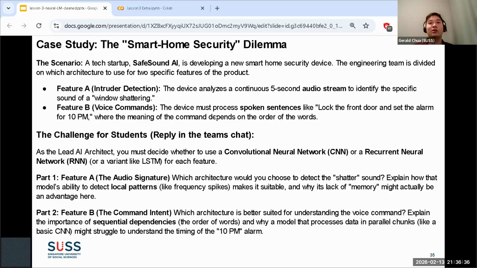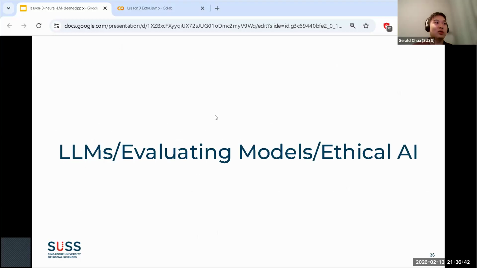Okay, but the key thing about developing a system also is that that's why we still have three more seminars. The last three seminars are to, of course, dive in a bit more into the LLMs, which is why LLMs are doing well. And what exactly is the pipeline for LLMs, examples of LLMs as well, because I didn't really go through, I went through neural networks, but not the complexity of LLMs. And then the next one is about evaluating models, lah.